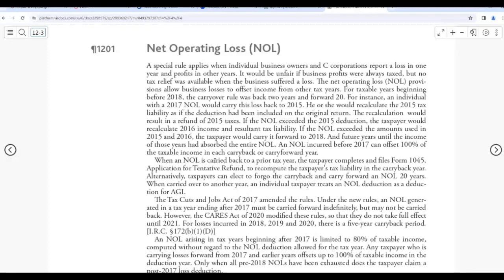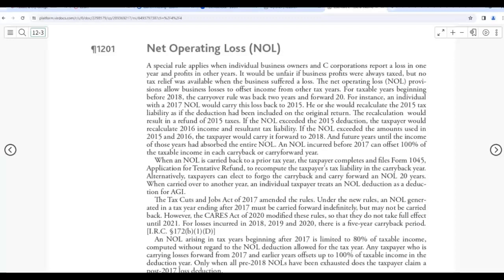When a net operating loss is carried back to a prior tax year, the taxpayer completes and files a Form 1045, application for tentative refund, to recompute the taxpayer's liability in the carryback year.